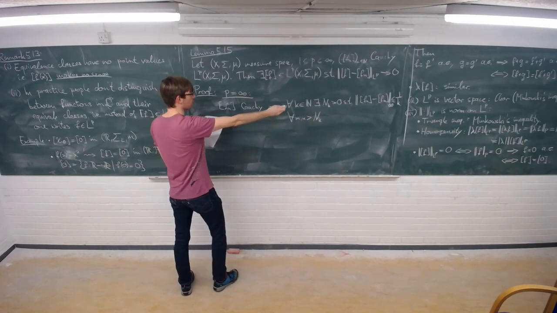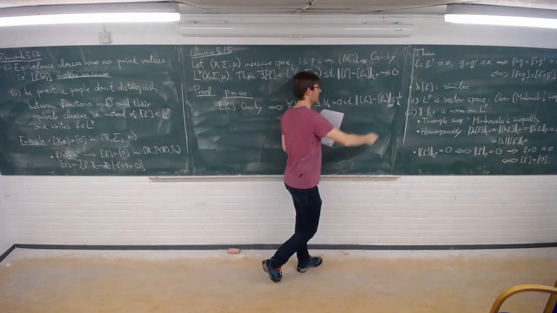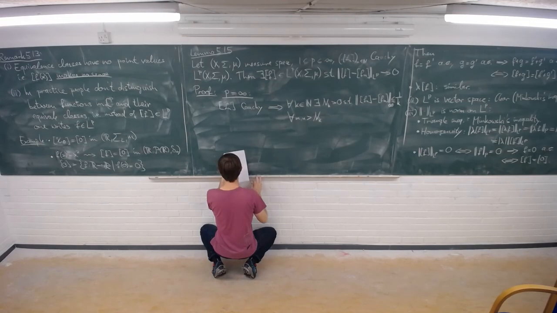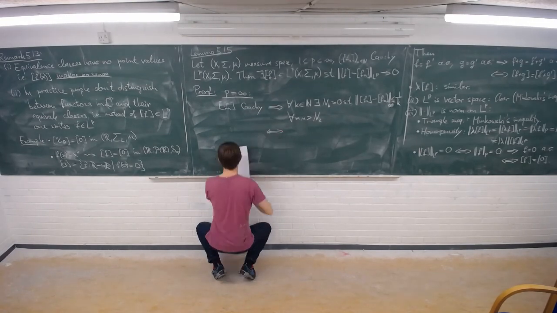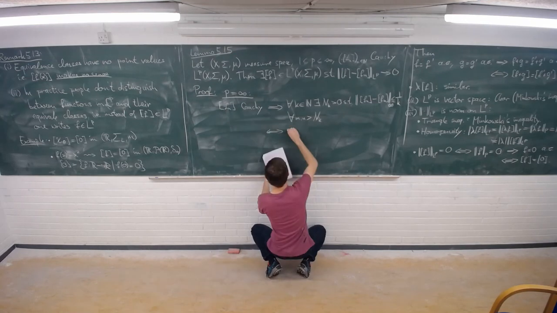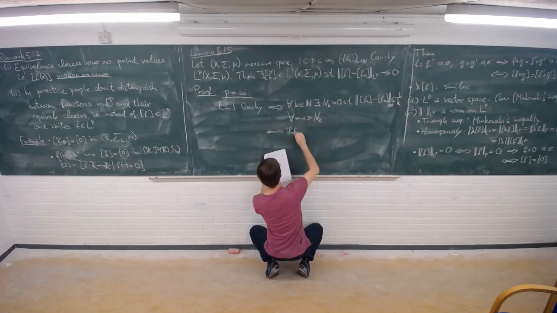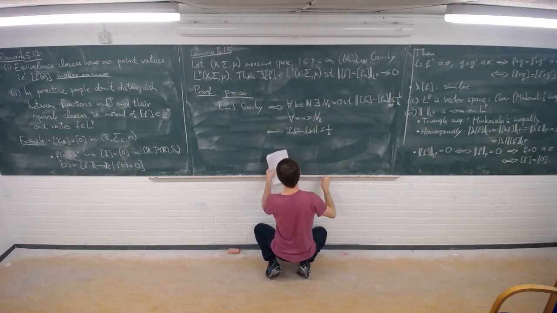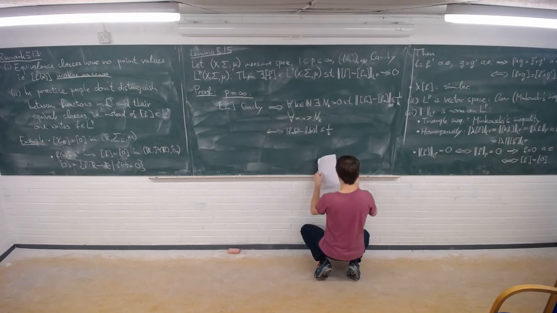Okay, and by definition of this L infinity norm, this means that Fm of x minus Fn of x in absolute value is less than 1 over k almost everywhere.